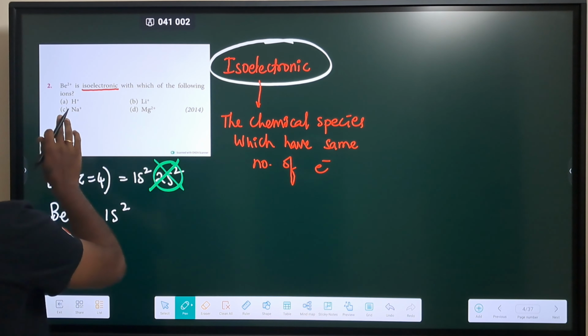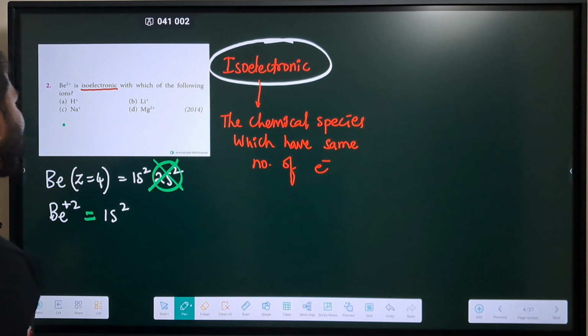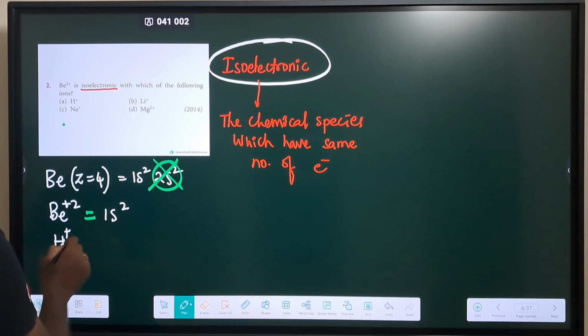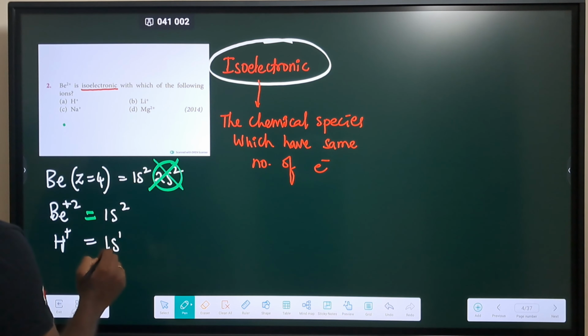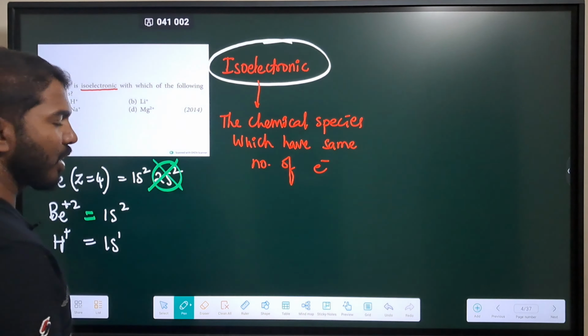So we have to check for which particular option we have the same condition, so that we are able to get our answer. In H plus we don't have any electrons. Normally hydrogen में 1s1 configuration रहता है, तो H plus है तो 1s0 हो जाएगा. ये तो हमारा आंसर नहीं होगा.